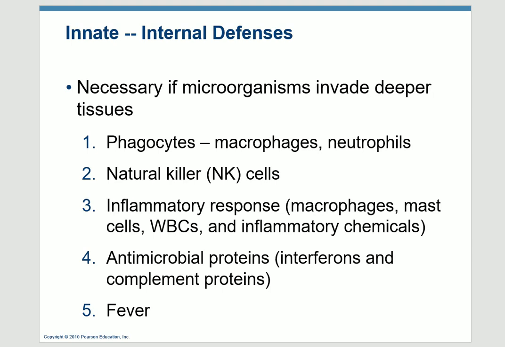We'll have the inflammatory response, which includes macrophages, mast cells, white blood cells, which, you know, we looked at white blood cells a lot, and then inflammatory chemicals. We also have, number 4, antimicrobial proteins like interferons, call these INFs, interferons, and complement proteins, and then fever also. And we'll get to details in all of these, like I said.